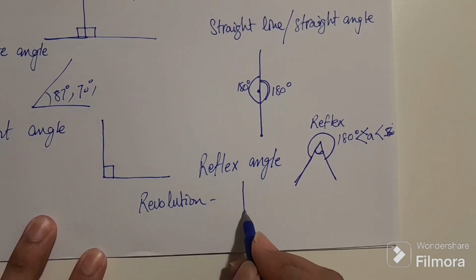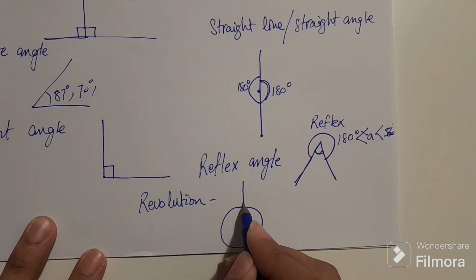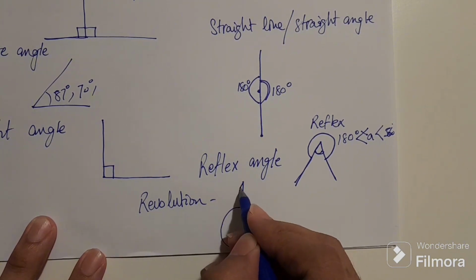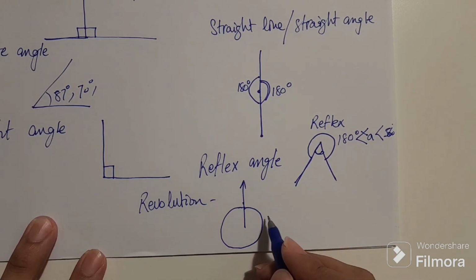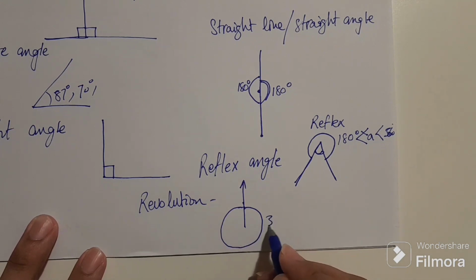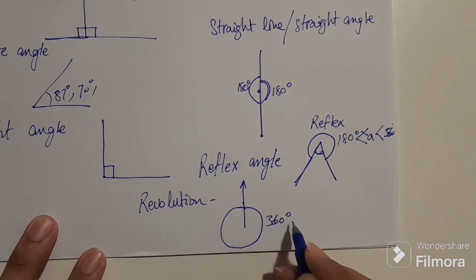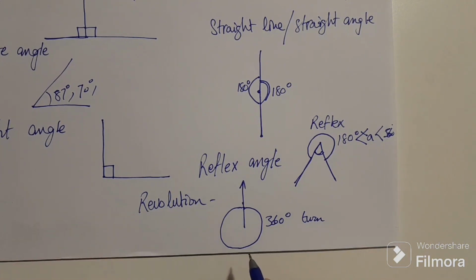So this angle rotates 360 and comes back to the same line, and this is a complete 360 degree turn. So these are the different terms that are used to talk about lines and angles.